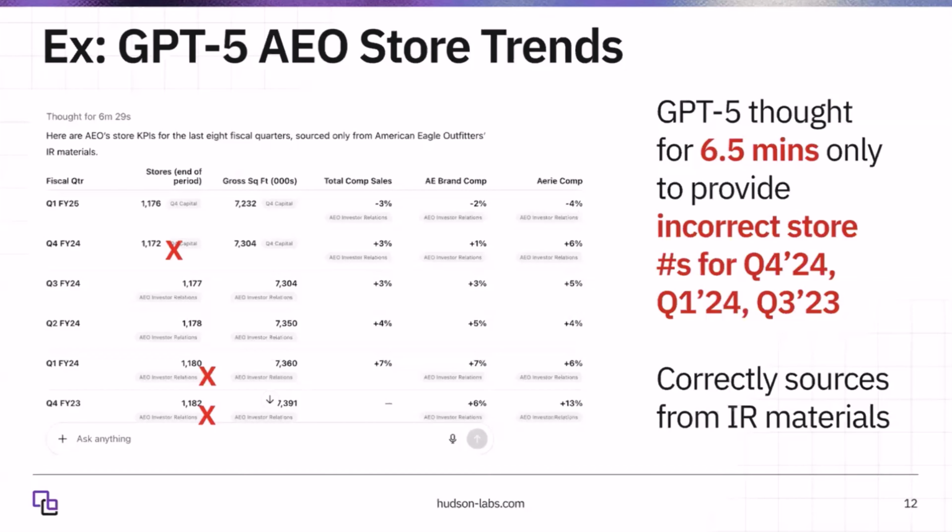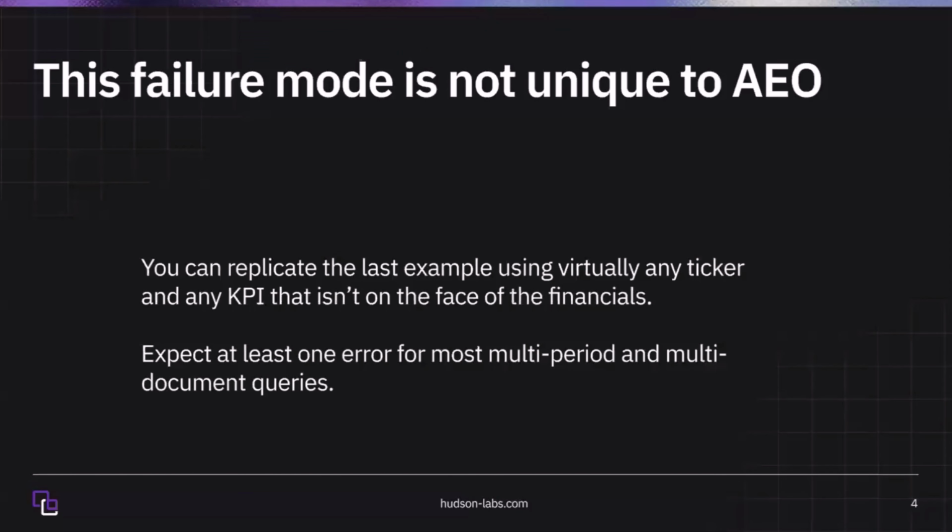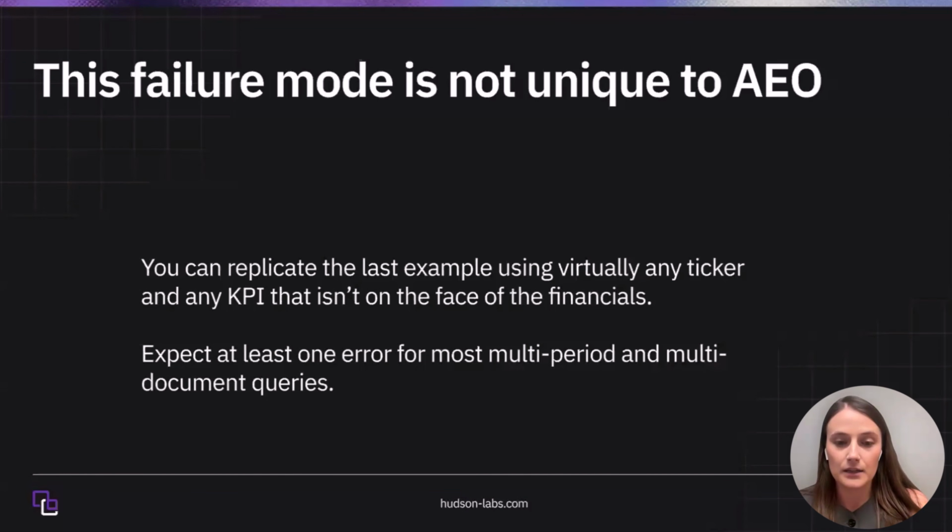Just as it's very easy to find these issues. So I asked for stores KPIs at American Eagle. In this instance, correctly sourcing from the IR website, but it thought for 6.5 minutes, and all of those numbers in red are hallucinated. So not ideal. And this is not unique to this situation.